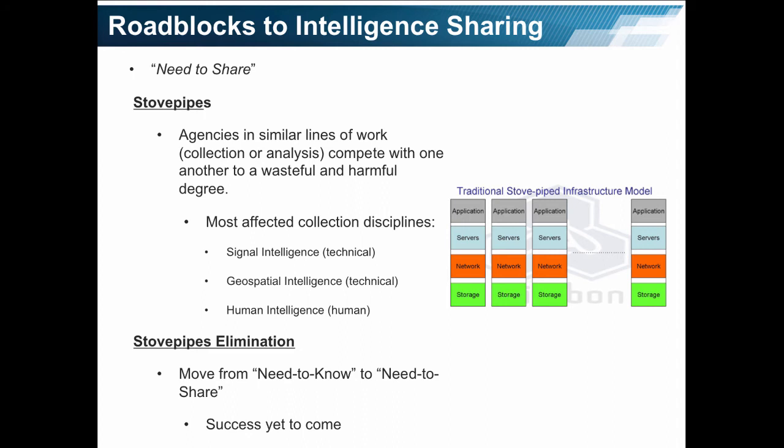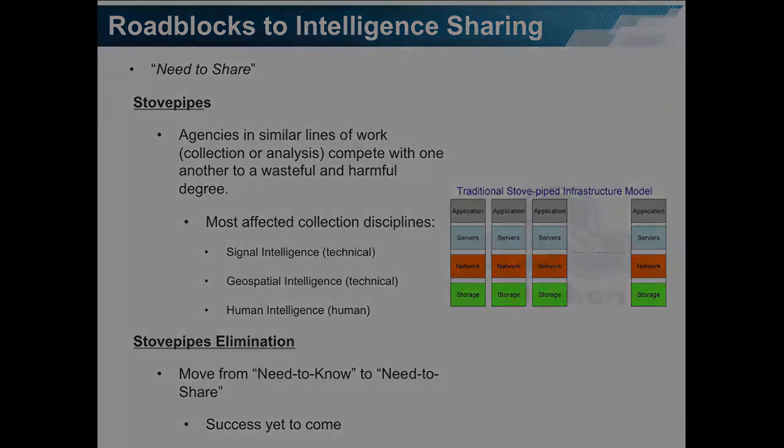Most affected are signals intelligence, geospatial intelligence, and human intelligence. To eliminate stovepipes, the community moved from the need to know to the need to share. However, the full success of need to share is yet to come because there still exist stovepipes within the agencies.